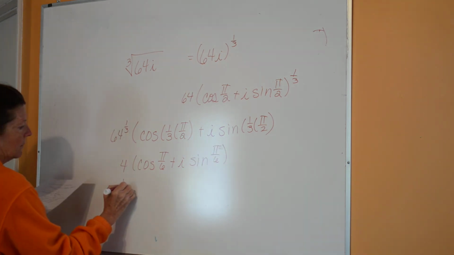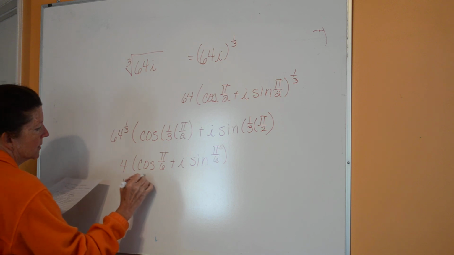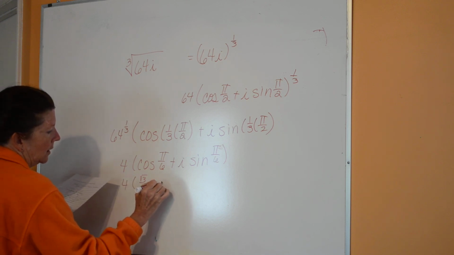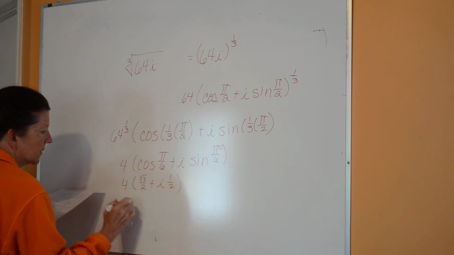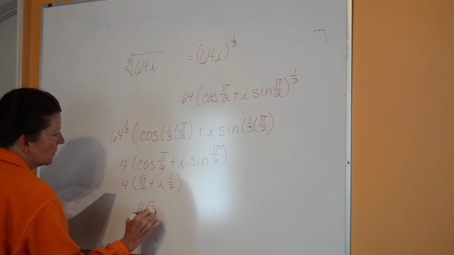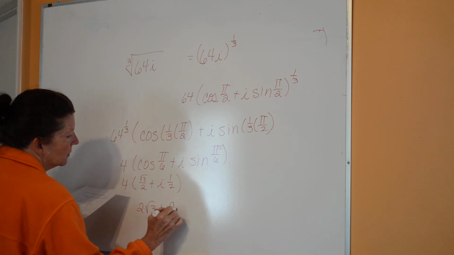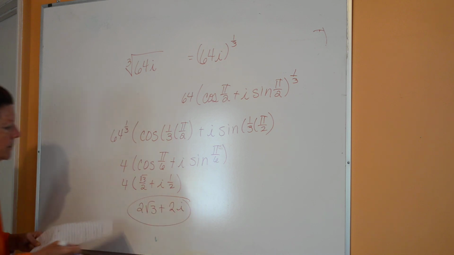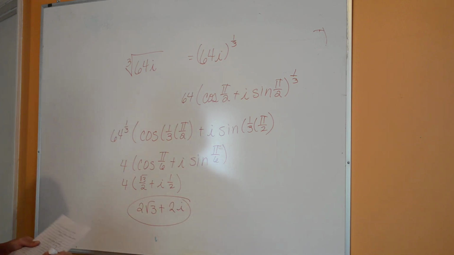And that's going to give me 4 times, the cosine there is the square root of 3 over 2. The sine is 1/2, so I'm going to do 2 times the square root of 3 plus 2i. And that's going to be my final answer.